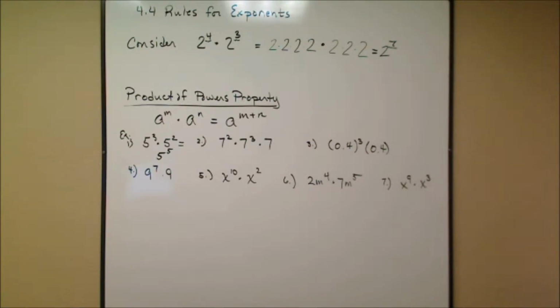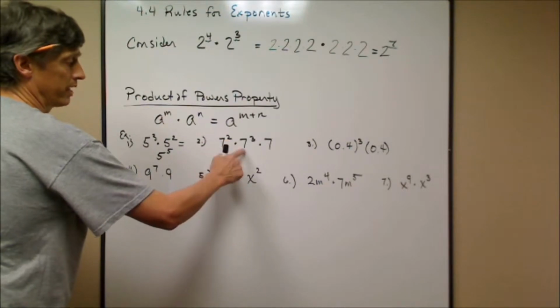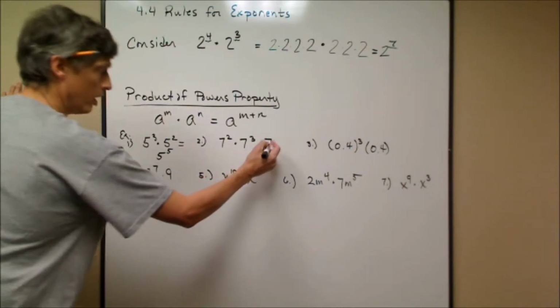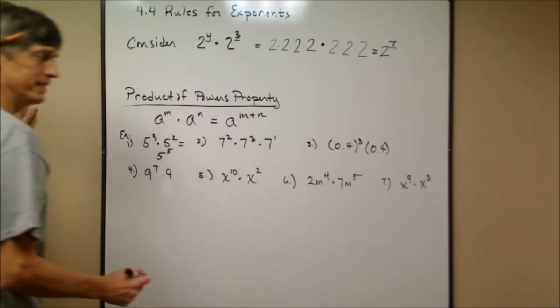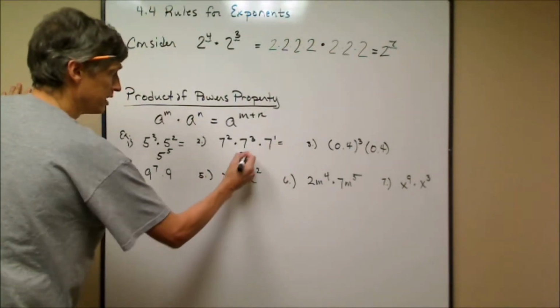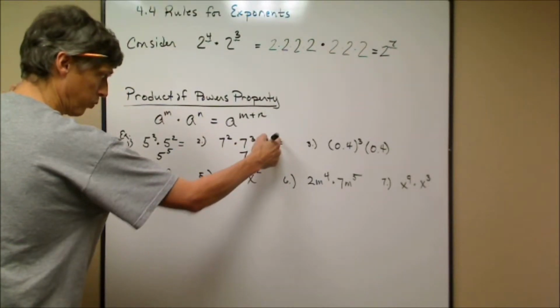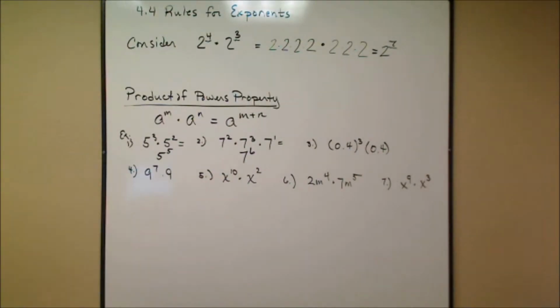In the next one, I have 3 things being multiplied, all base 7: 7 to the 2nd, 7 to the 3rd, times 7, which is the same as 7 to the 1st. So this is 7 to the 2 plus 3 plus 1, 7 to the 6th power.